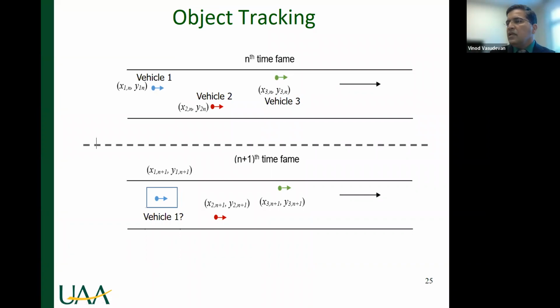In 1/20th of a second, how far can this vehicle go? We can create a region where this vehicle can maximally go. It can maybe accelerate at maximum acceleration, or it can completely stop.